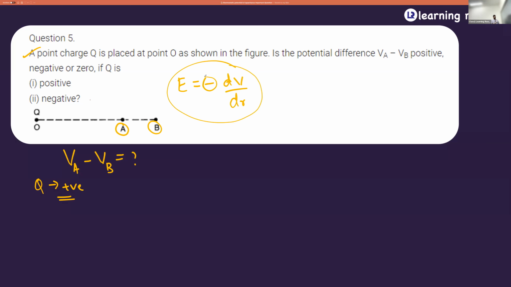So use that logic and tell me. So had Q been positive, what would have been the direction of electric field? This is the direction of electric field when the value of Q is positive, right? So obviously, which one is greater than the other? VA is greater than, so VA minus VB would have been.